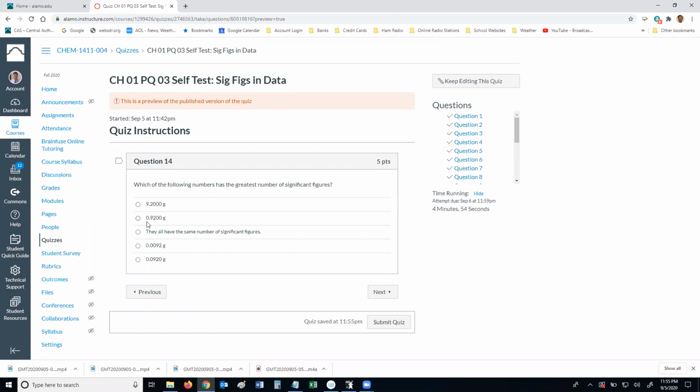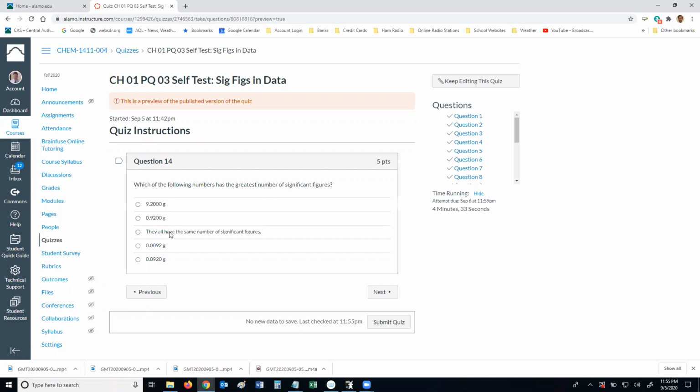Okay, 0.9200. That's only going to have 4 because the leading 0 is not significant. The other zeros are significant because they're after a decimal point and preceded by a significant digit, but that's only got 4 significant figures. We've already found one with 5.